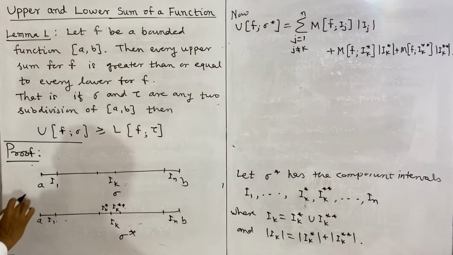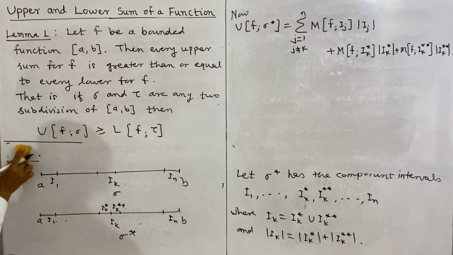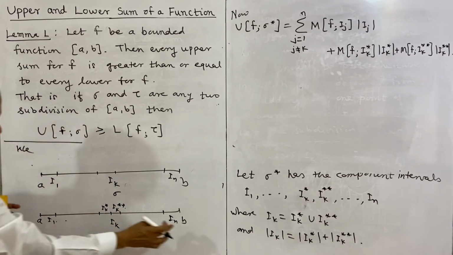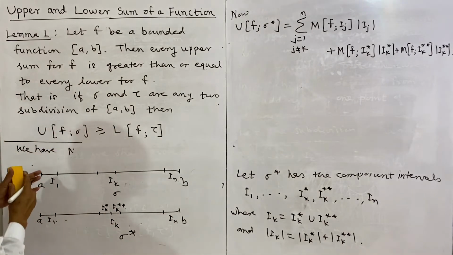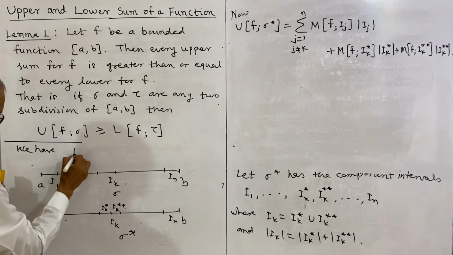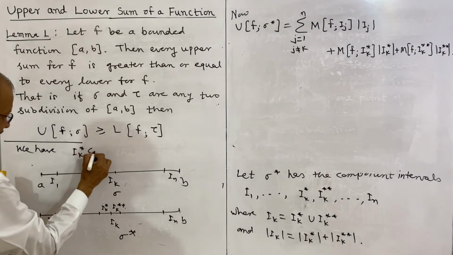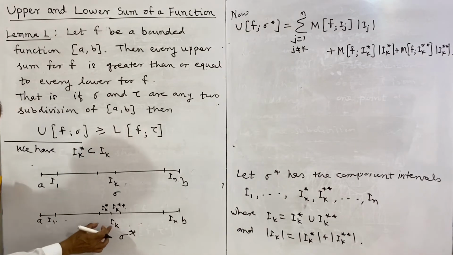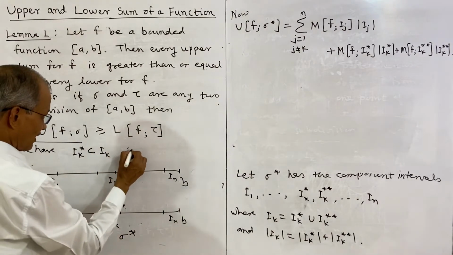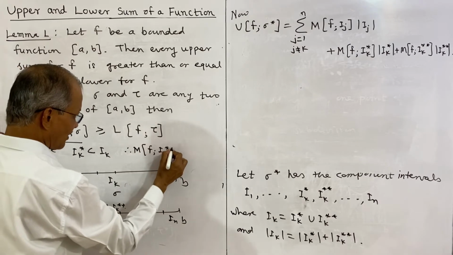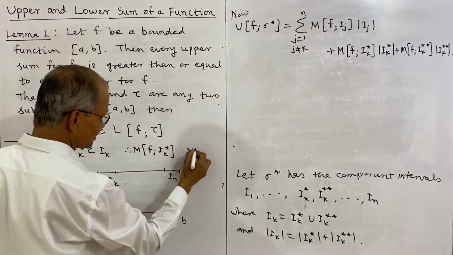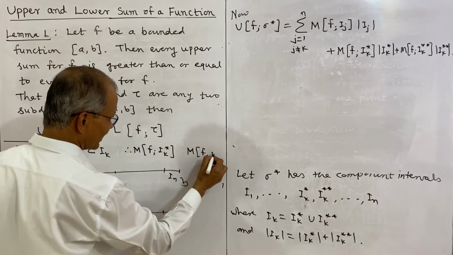Before that we will note this: Ik star is a subset of Ik. What is the relation between the maximum value of f on Ik star and the maximum value of f on Ik?